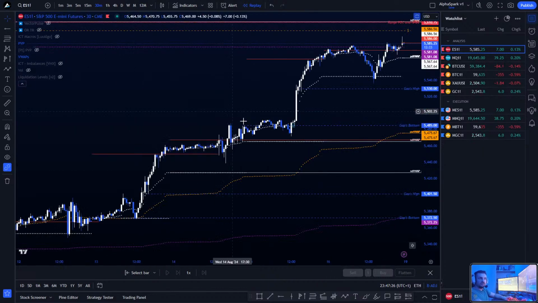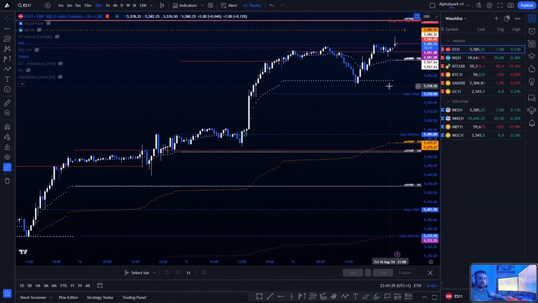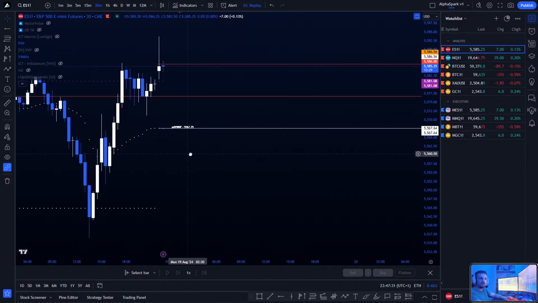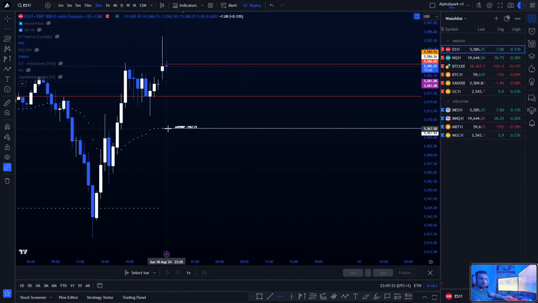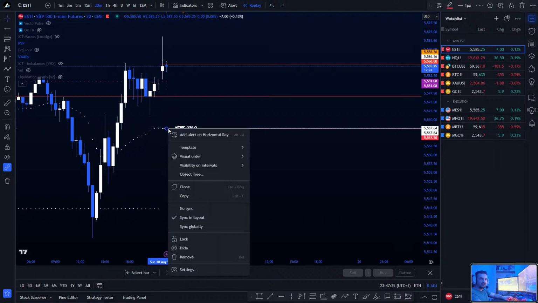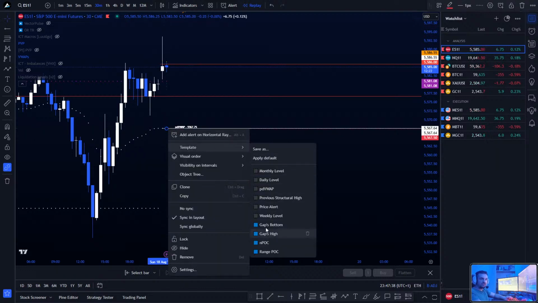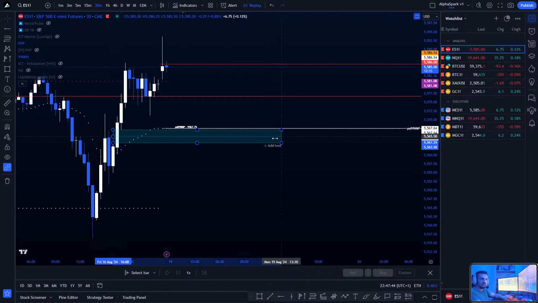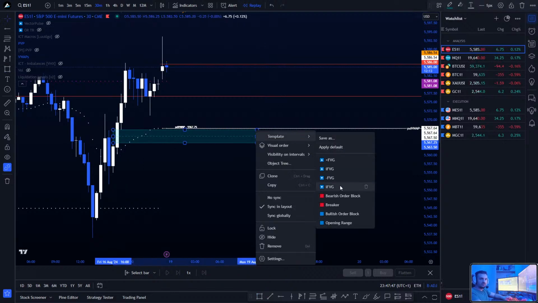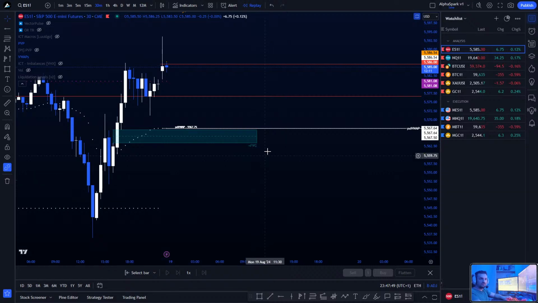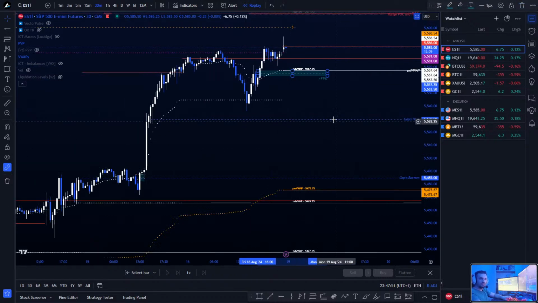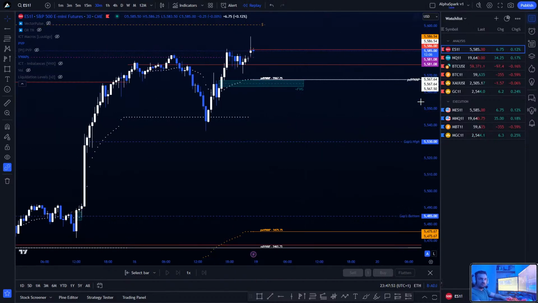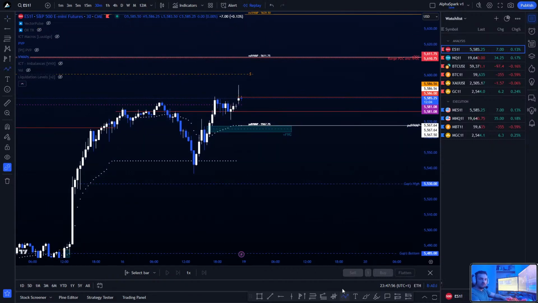Okay, and now to the downside. I like this VWAP very much because it's just above a bullish fair value gap. Just above. That's very nice. So maybe we can do this.